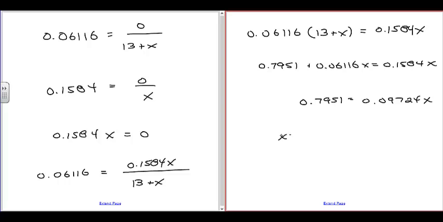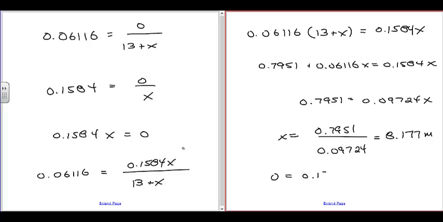And then we divide both sides by 0.09724 to solve for x. 0.7951 divided by 0.09724. X is 8.177 miles, and O is equal to 0.1584x.